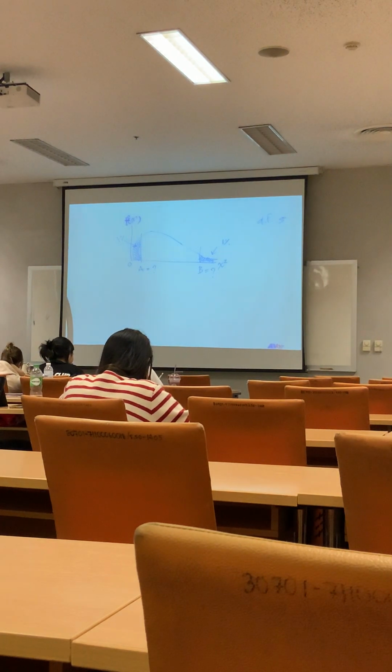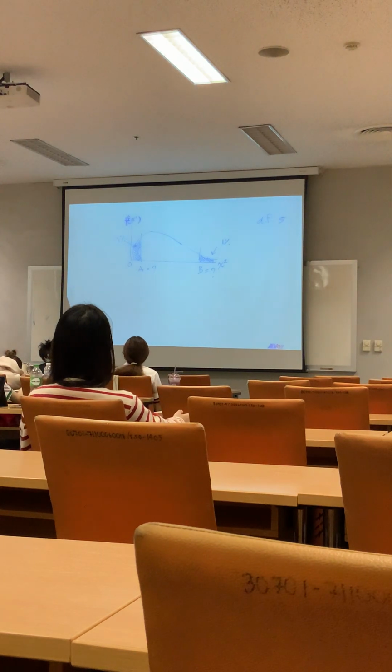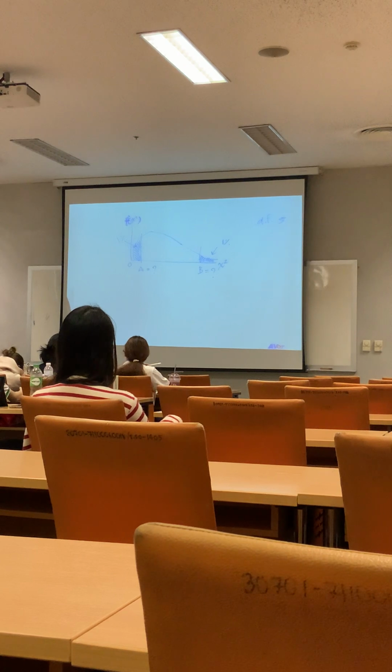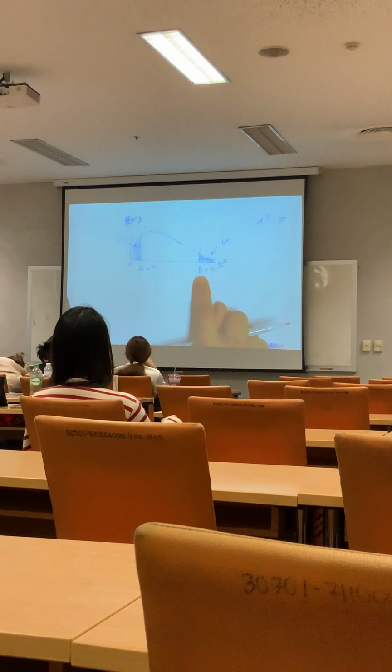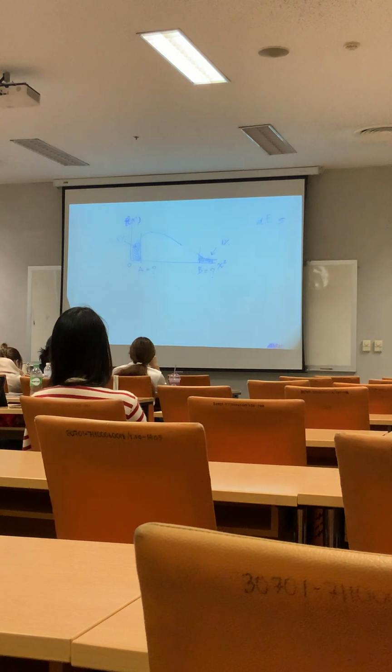For this side, you can read off the table because the table always tells you the area in the upper tail given the value. So you just look at 1% and then you can read off B from the table. Let's look at that.